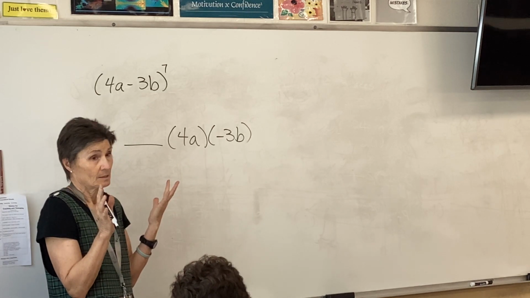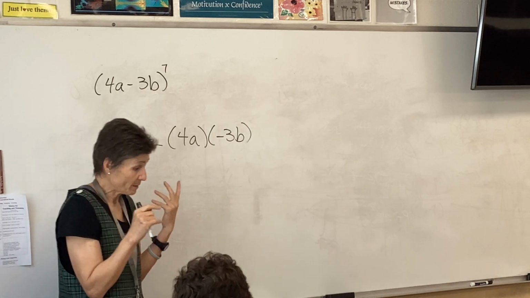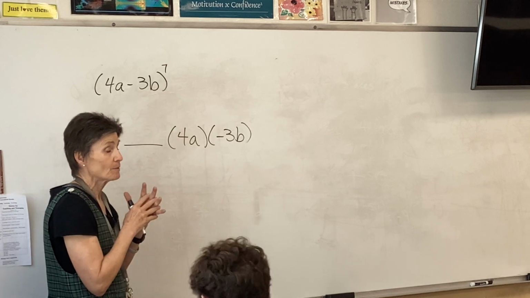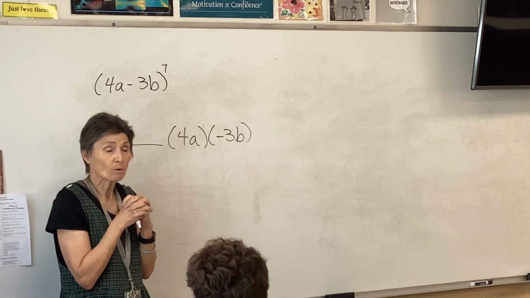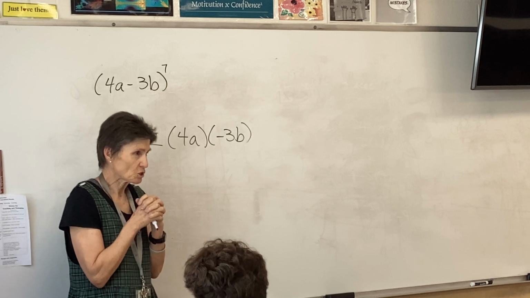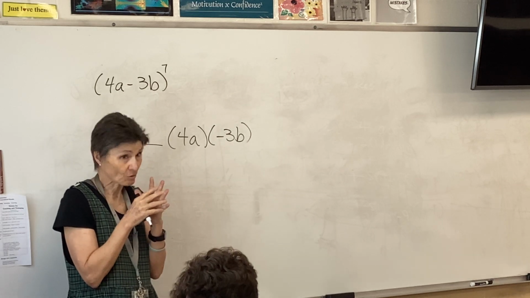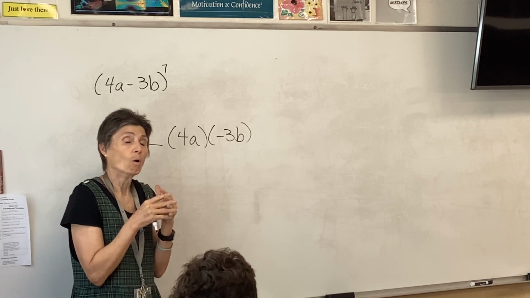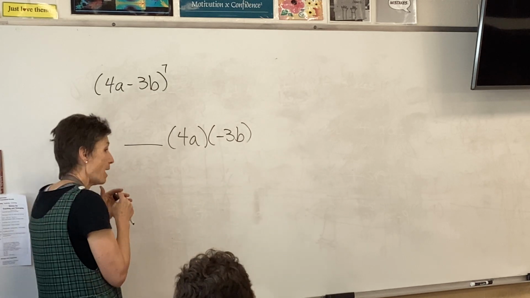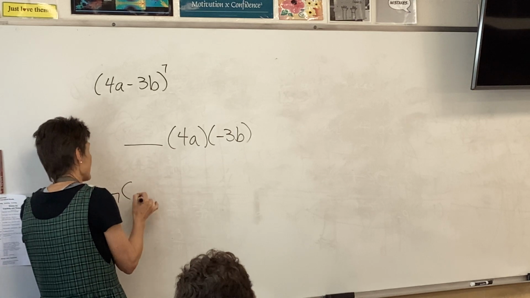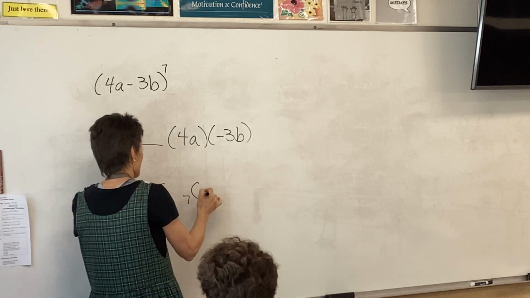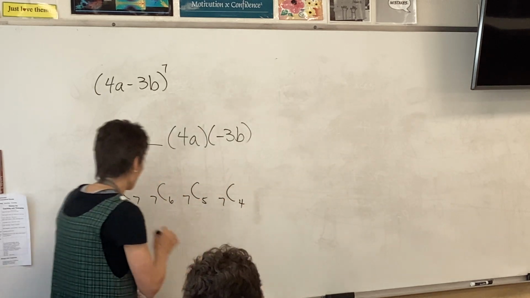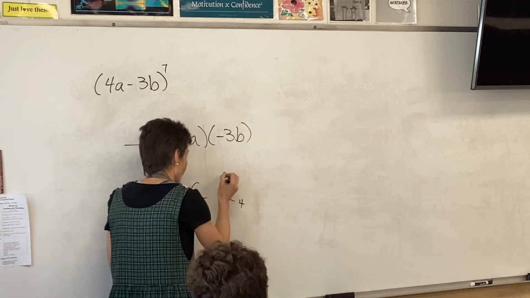We are expanding to the 7th power, which means the coefficients will come from either the 7th row of Pascal's triangle or from the combination numbers for 7. So 7C7, 7C6, 7C5, and 7C4. Which term did I want? The 4th term, 1, 2, 3, 4, right there.